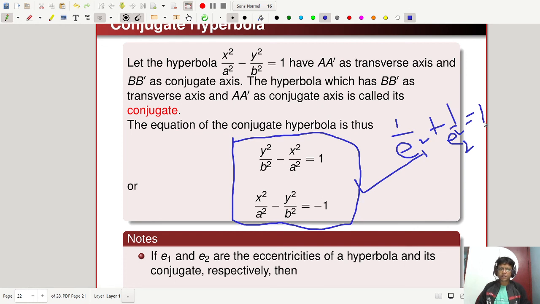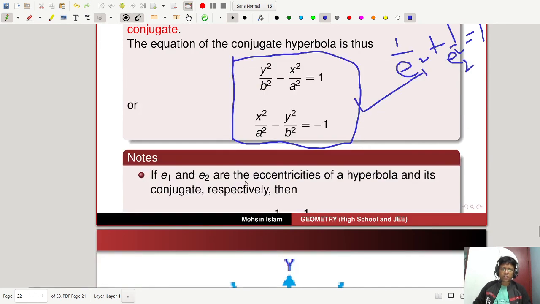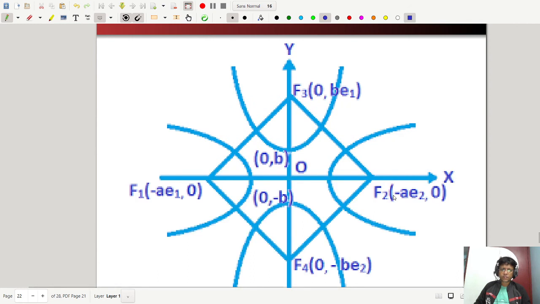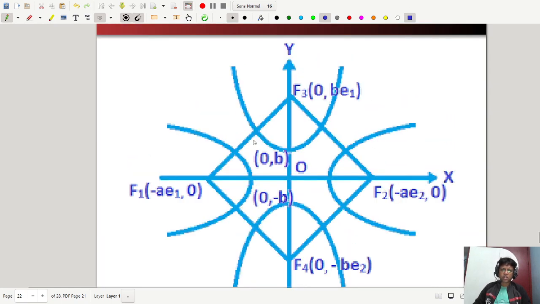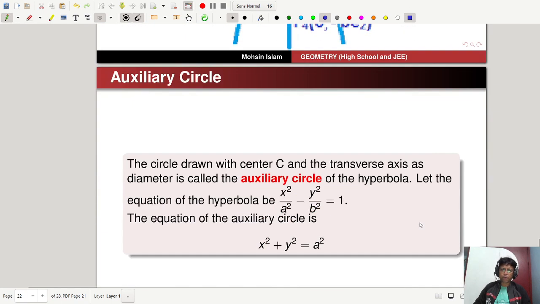You can prove that for a conjugate hyperbola. This is the conjugate hyperbola diagram, a bit hazy, but you can check that this is the conjugate hyperbola. You can draw the square by taking the foci.